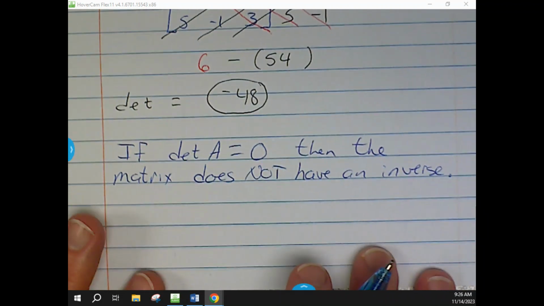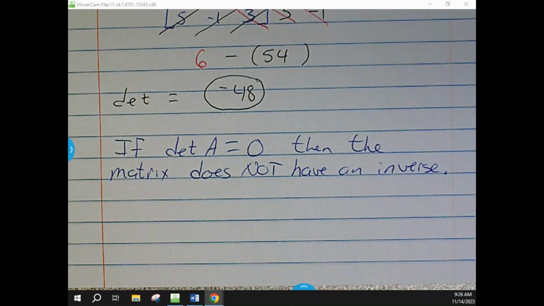Anything other than 0, you can find the inverse of that matrix. Whether it's a 2 by 2 matrix, a 3 by 3 matrix, 4 by 4, it doesn't matter. Whatever matrix you're working with, if the determinant equals 0, you cannot get an inverse of that particular matrix. Anything else, you can find out what the inverse is going to be.